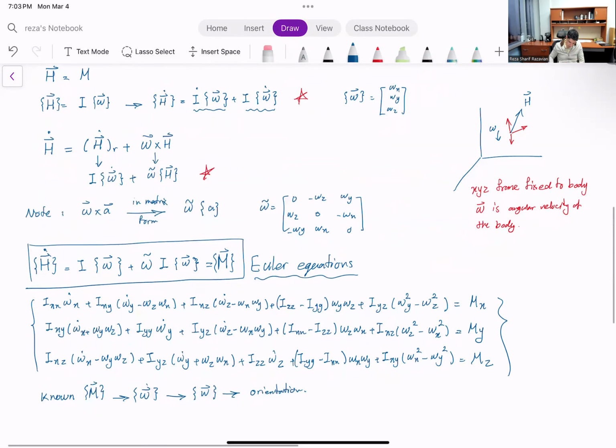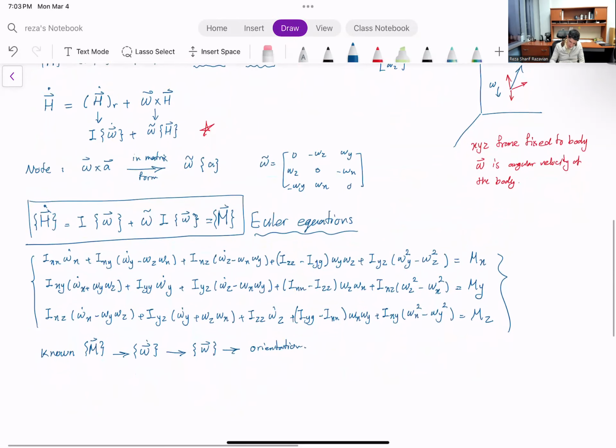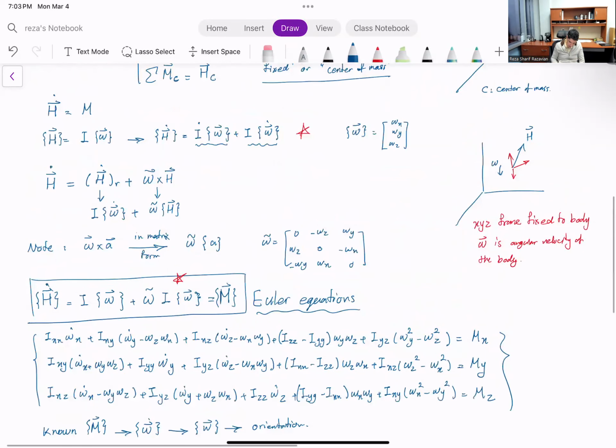Comparing these two, you can see that now my I dot times omega has become omega tilde times I times omega.